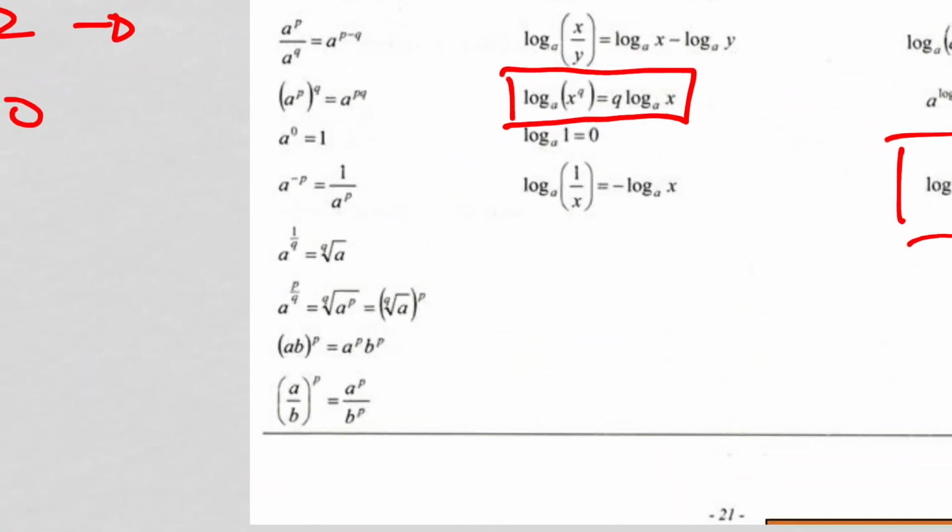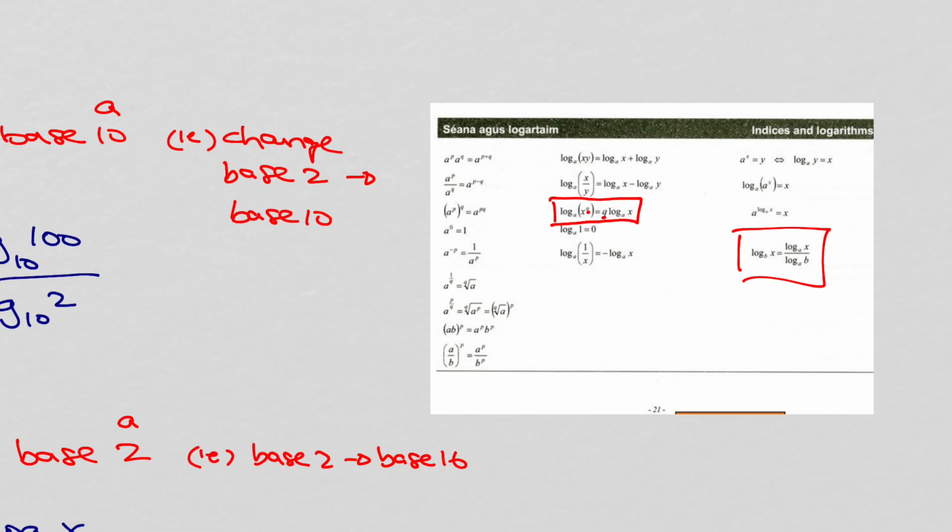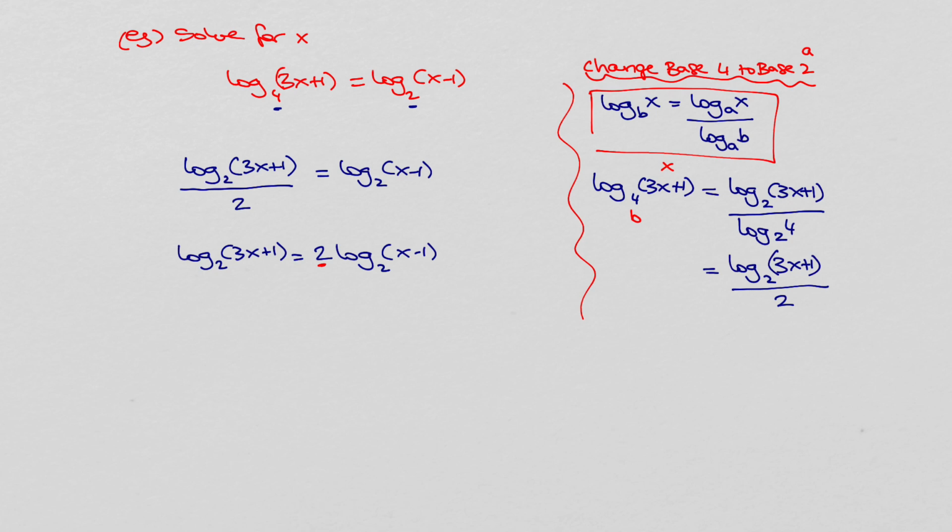If I zoom in on that, if I have a coefficient q in front of my log, then that q becomes the power of the number. So that's going to be log 3x plus 1 to the base 2 equals log x minus 1 squared to the base 2. And now I can see I have a single log on the left, single log on the right, both to the same base, which means I can now equate.